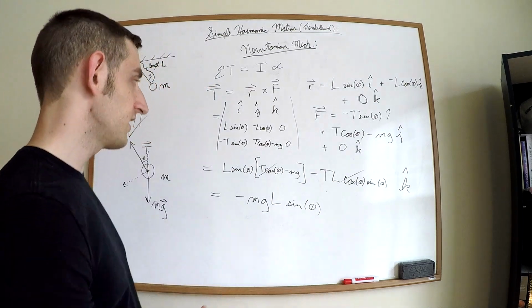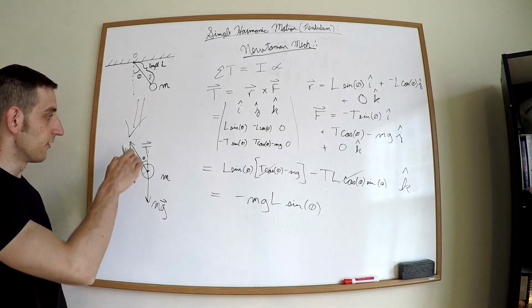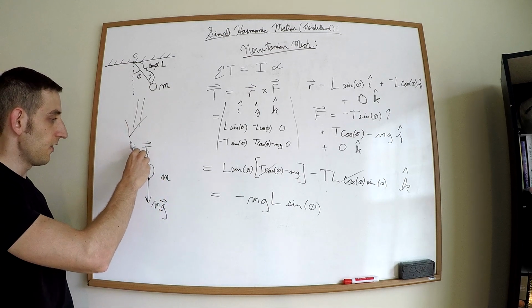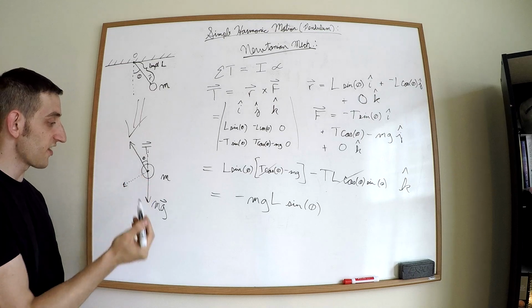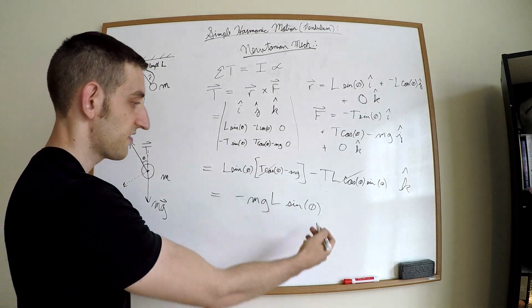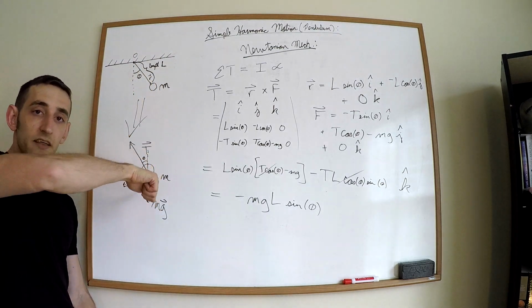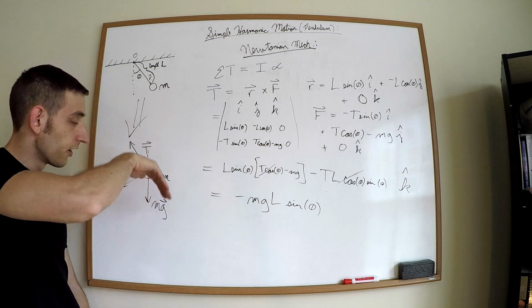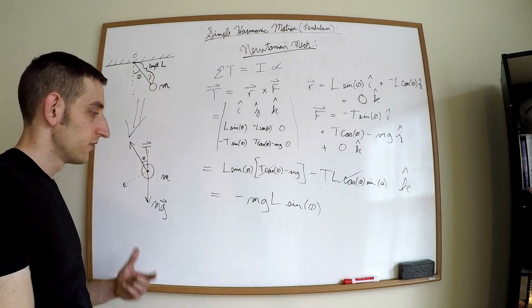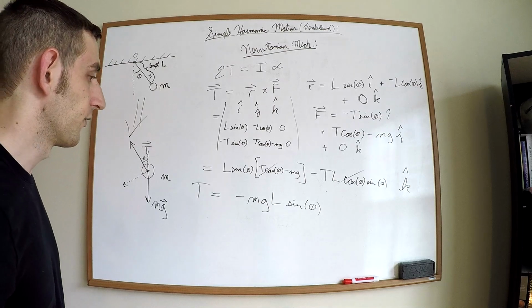So what we could have done here, we could have figured out this component, L times mg sine theta. That would give us the same result. And again, it has to be negative because our thumb is going into the board, R cross F, right? So you could have done it like that, but that's the torque we're going to get.